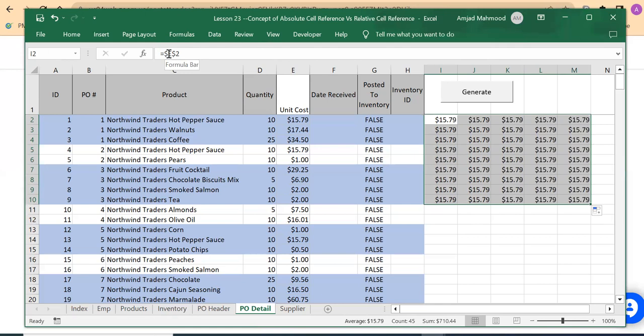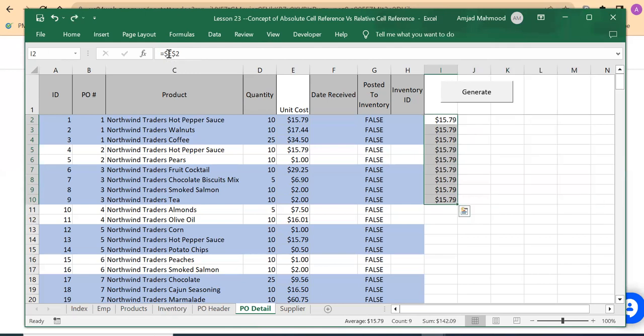So the dollar means we are using absolute addresses, which we get by pressing F4. Now why are there two $ signs? One is for the column, the other is for the row. The column is E, and the dollar means don't change E. And 2 is the row, and the dollar means don't change the row.